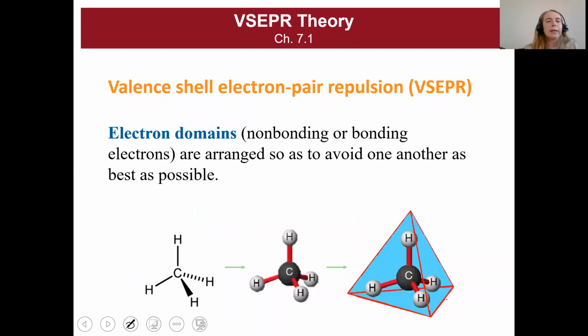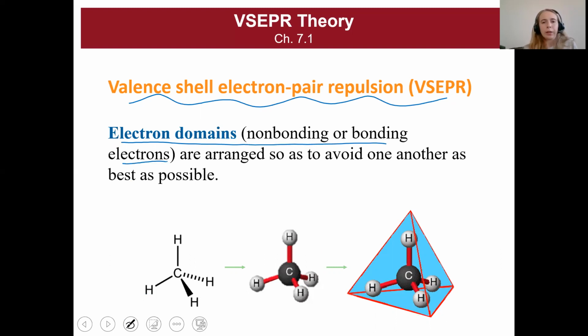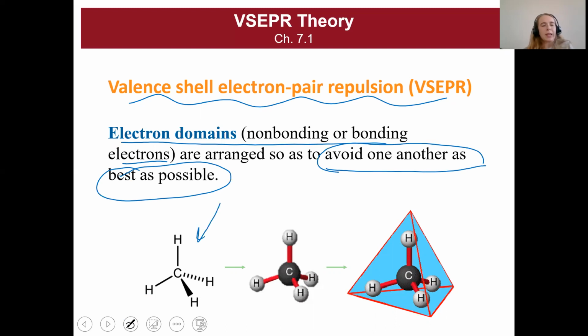All right, and once again, we want to emphasize this theory is based on electron pair repulsion. So electron domains, whether they're bonding or non-bonding electrons, are arranged to avoid one another as best as possible. So let's take a look at methane.